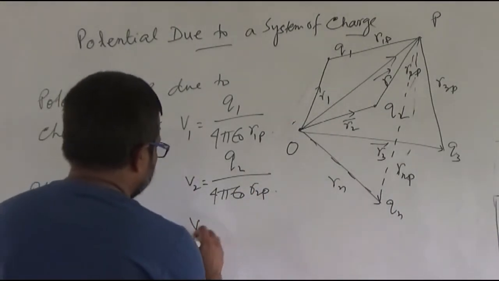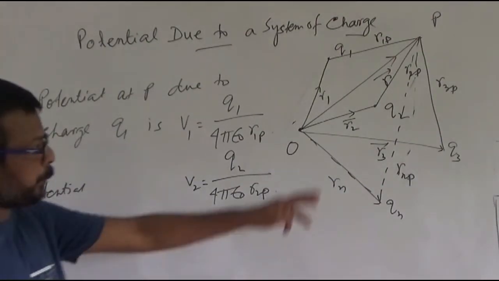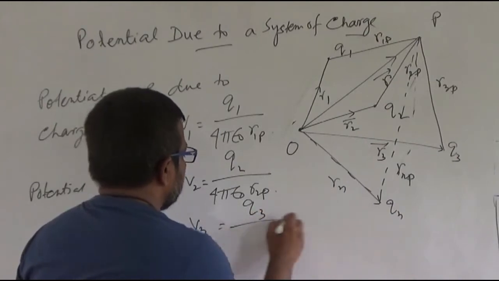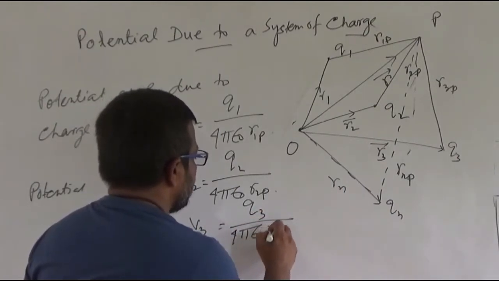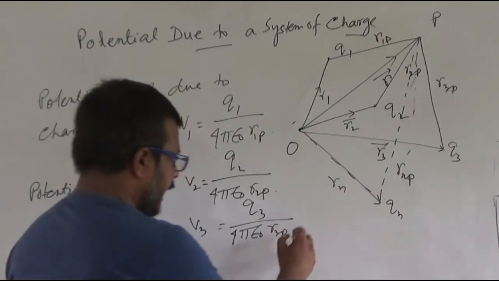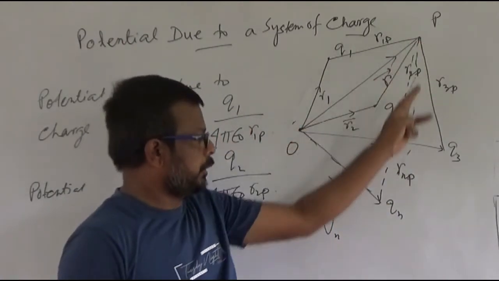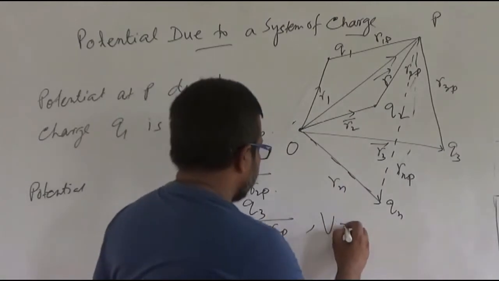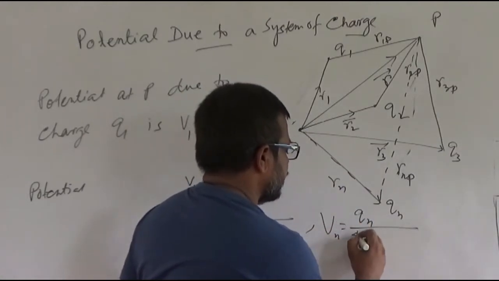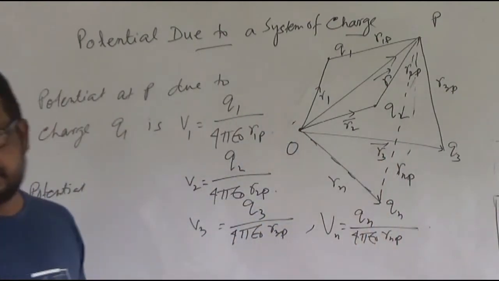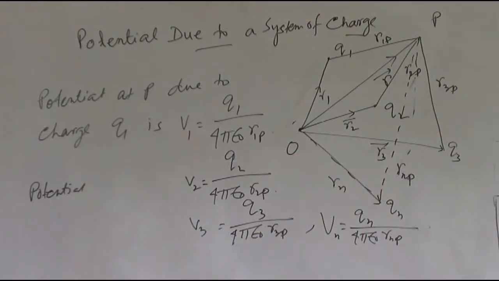Similarly, potential at P due to the charge Q3 is V3 equals Q3 divided by 4 pi epsilon naught R3P, and potential at P due to Qn can be written as Qn divided by 4 pi epsilon naught RnP. These are the potentials at P due to the different charges.